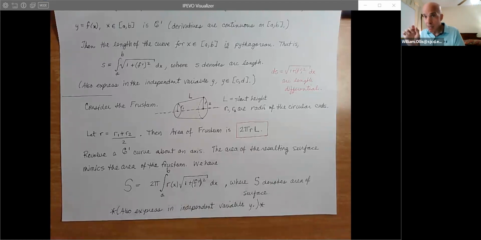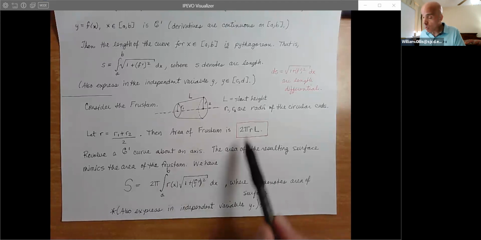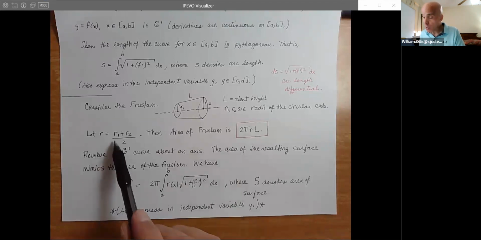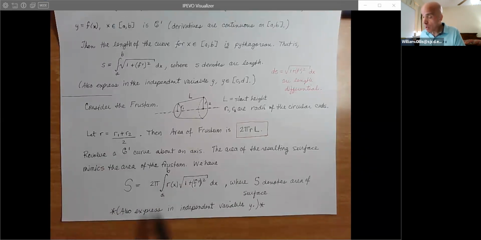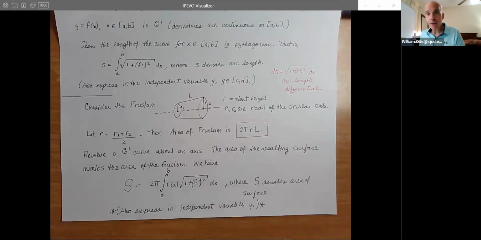So the little piece that we have over that particular subinterval. And then the distance to the axis of revolution is what we have here, the R, the average radius. So again, R, R, L, element of arc length. And then of course the 2 pi is just a factor.